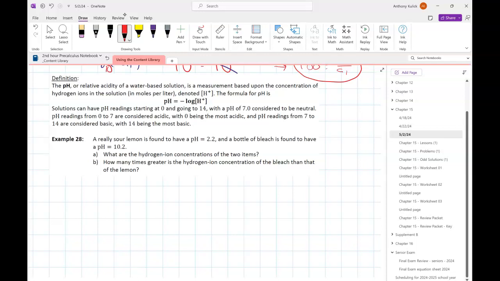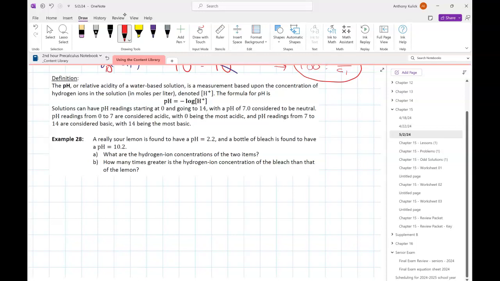Low pHs are acidic and higher pHs are basic, where 0 is the most acidic and 14 would be the most basic. It says a really sour lemon is found to have a pH of 2.2, and a bottle of bleach is found to have a pH of 10.2.